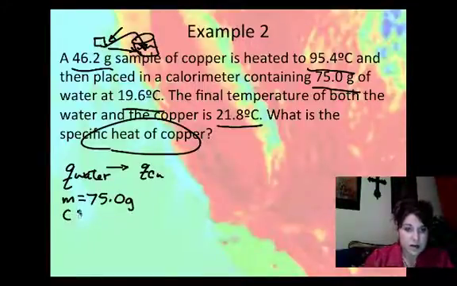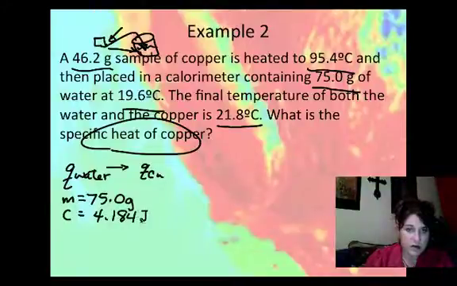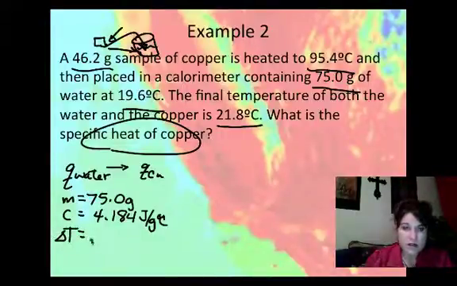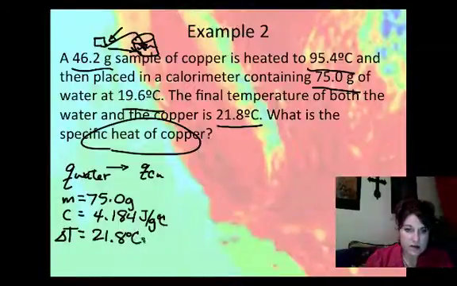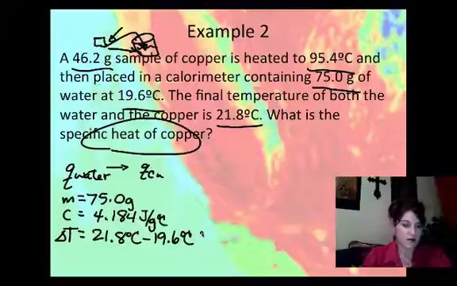And then specific heat of water is always the same, 4.184 joules per gram degree Celsius. And then temperature change, final minus initial. My final temperature of the water is 21.8 degrees Celsius. My initial temperature of the water was 19.6 degrees Celsius.